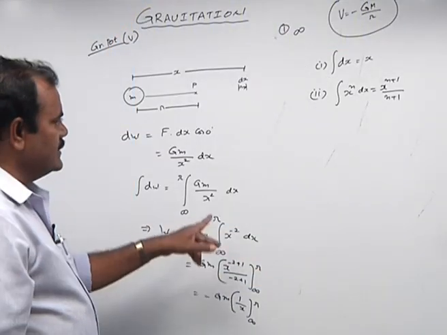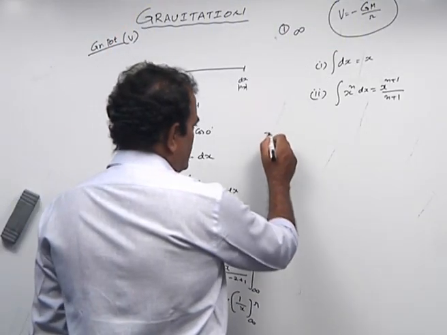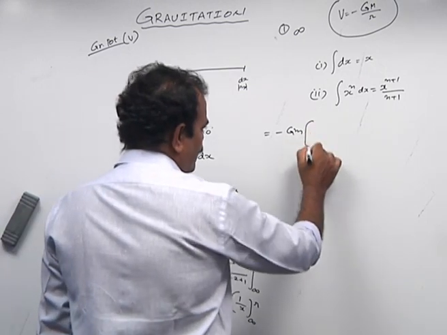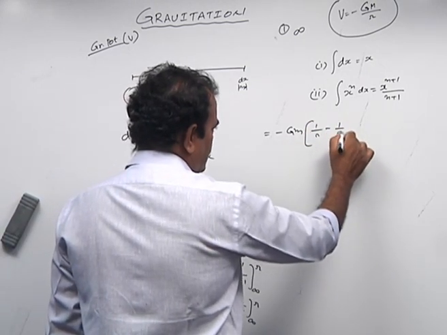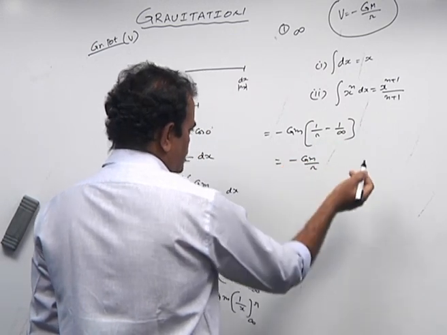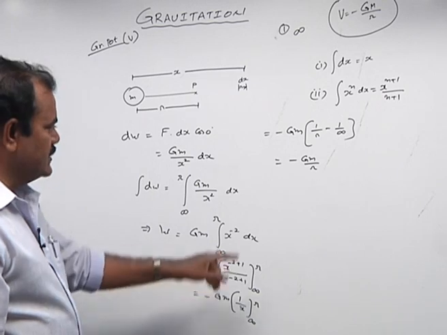Now applying the limits, it is minus GM times 1 by r minus 1 by infinity, and that becomes minus GM by r.